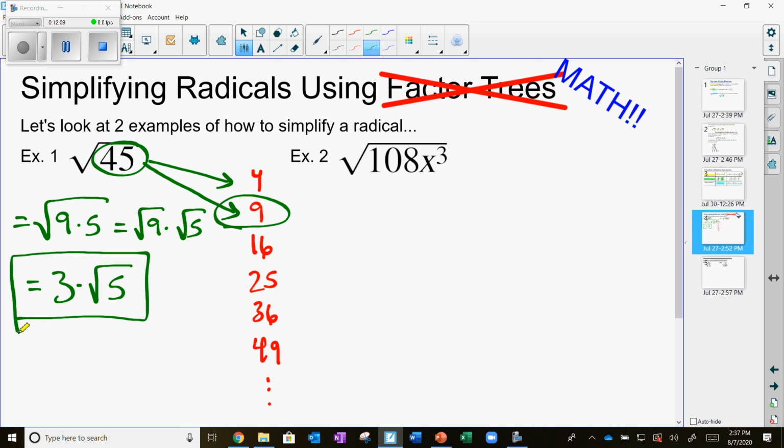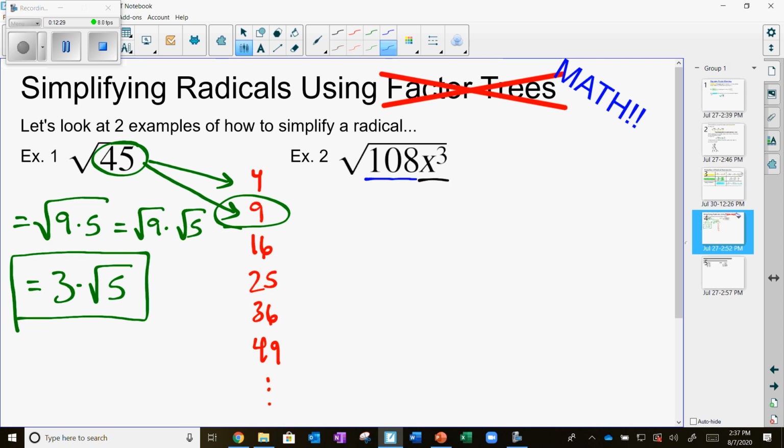Win-win. If I take a look at example 2, we've got the square root of 108x cubed. So first, I'm going to separate this up a little bit, where I do the number and then do the variable separately. So I'm going to split this problem up.